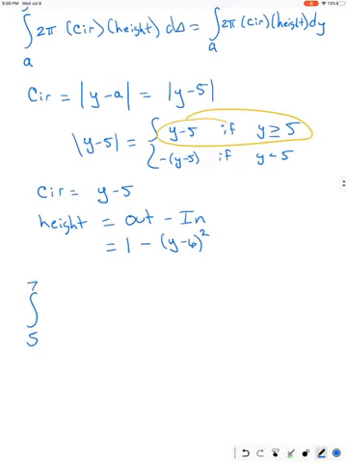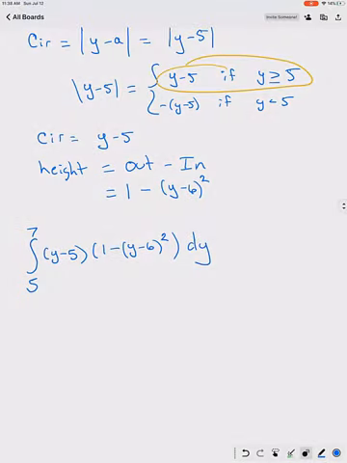And then my circumference was y minus 5, and my height is 1 minus (y minus 6) quantity squared. That's my height, and that's all in terms of y. Then finally, we just need to multiply this integral by 2 pi, and we will evaluate our answer. All right, let me know if you have any more questions. I'll be happy to help.